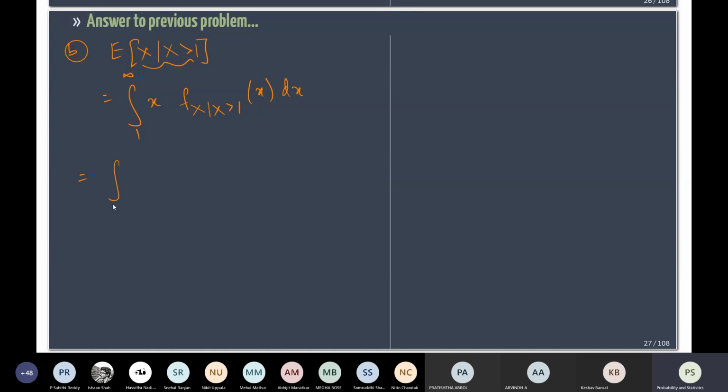Now this is a matter of just computing. So x, and the PDF was, for us, known to be e to the minus (x plus 1) dx. That's what we computed before. So e can be taken common, and this is the integral of x e to the minus x dx from 1 to infinity. If we integrate this out by substitution, you should solve this actually.